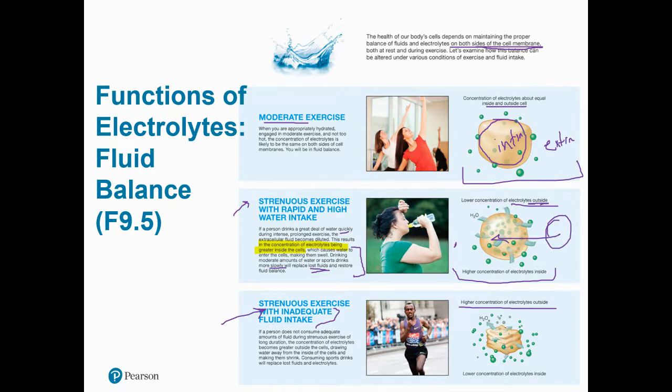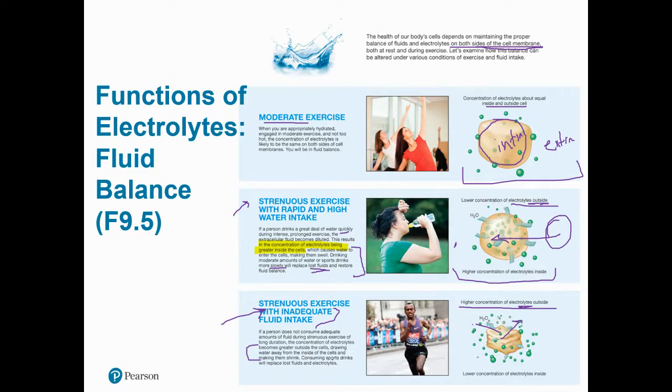So in this case, no water's coming in, so the concentration of electrolytes outside the cell is going to become much greater relative to inside the cell. So water is going to continually follow those electrolytes, and this is going to cause the cell to shrink and shrivel up a little bit.